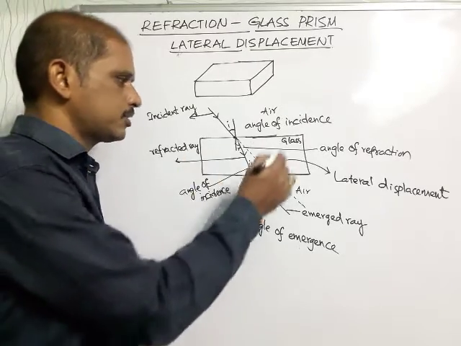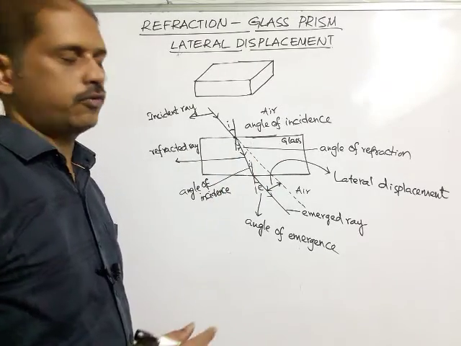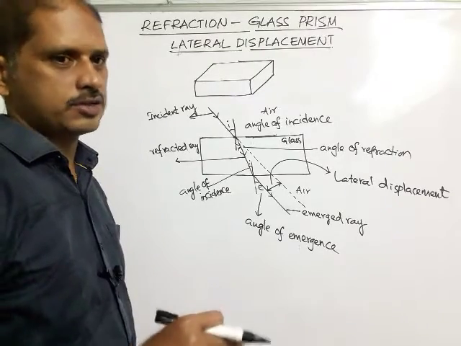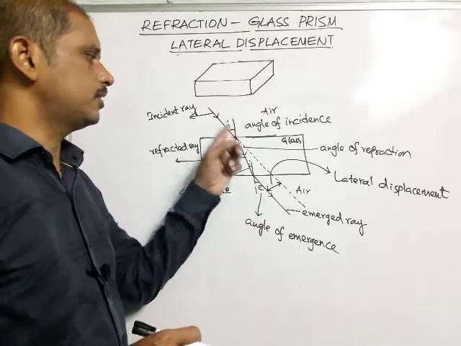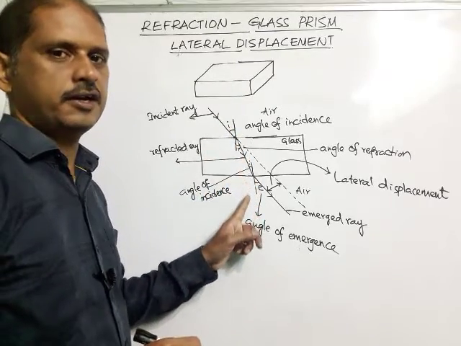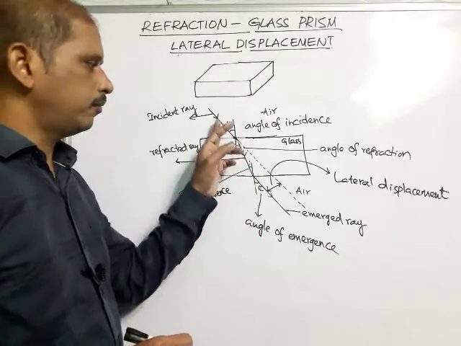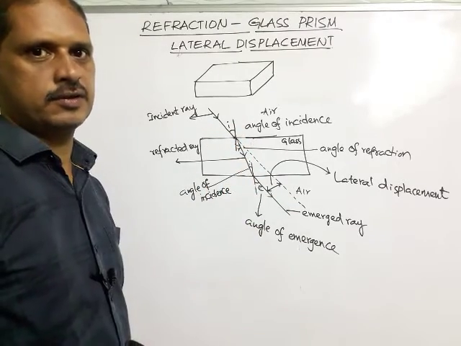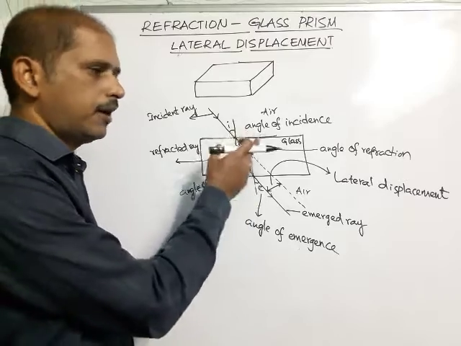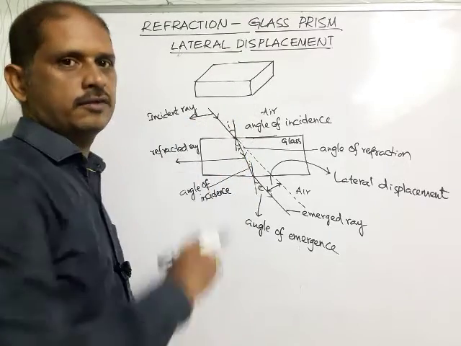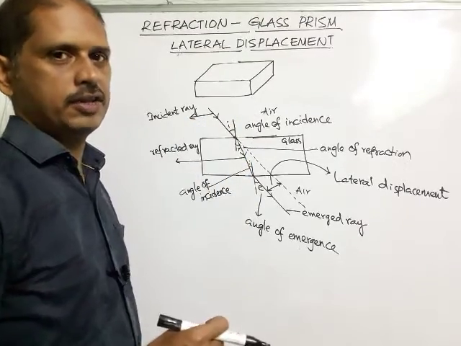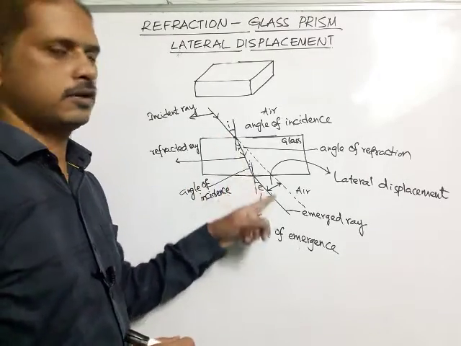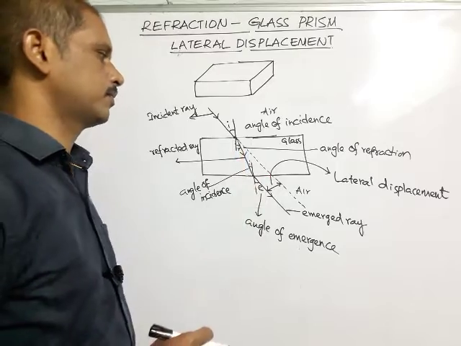So through the glass slab, if you don't want to get refraction, the only condition is that the light is incident at 90 degrees with the glass slab. Then you cannot get any refraction, it goes in a straight line. Other than 90 degrees, if you make an angle with the normal, then the light gets refracted two times.